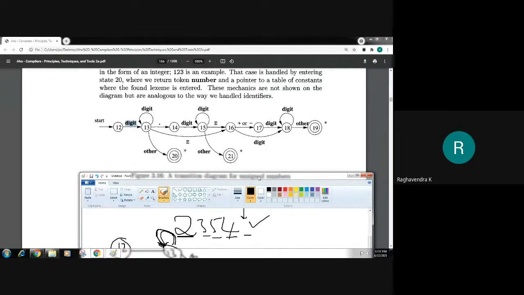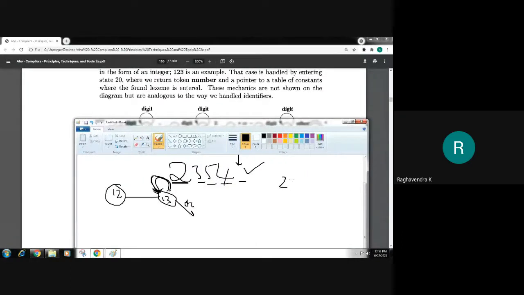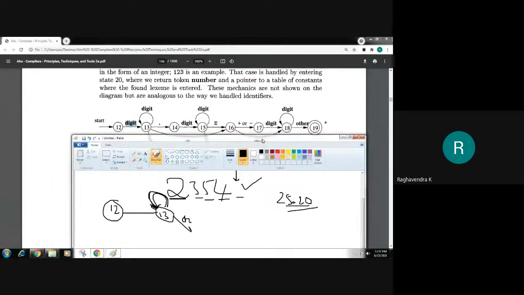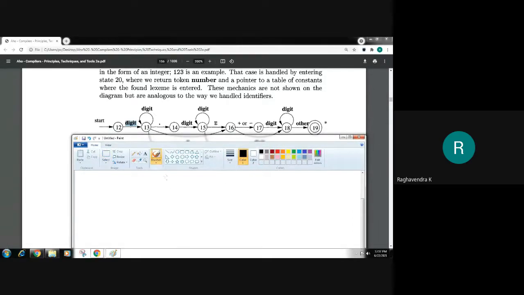Now, for example, if it was 25.20, for a fraction, let us check whether this state diagram works. 25.20 is the number. First I read a digit, so I will enter from state number 12 to state number 13.